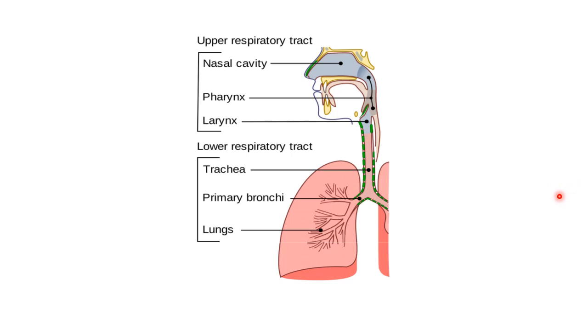So we need to understand the general anatomy of the respiratory system. So this is the nasal cavity, the pharynx, the trachea, the bronchus, and lungs, alveoli.